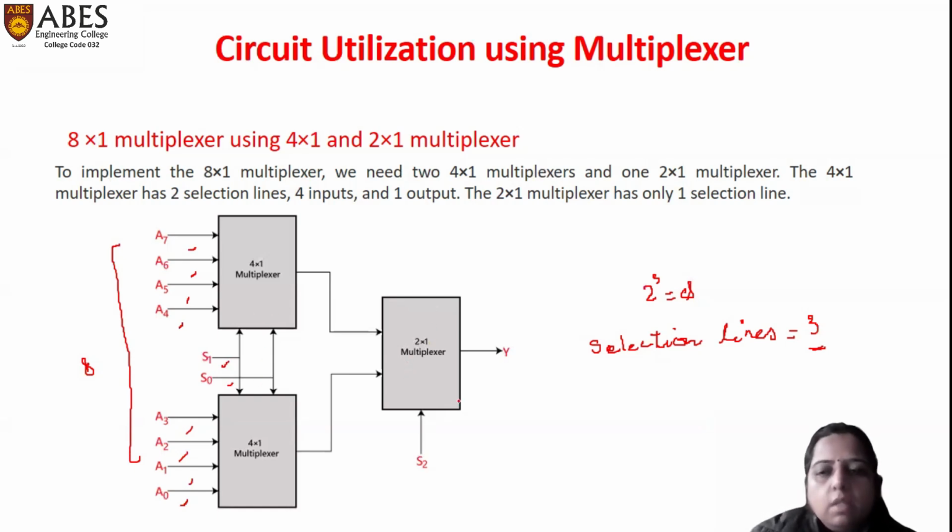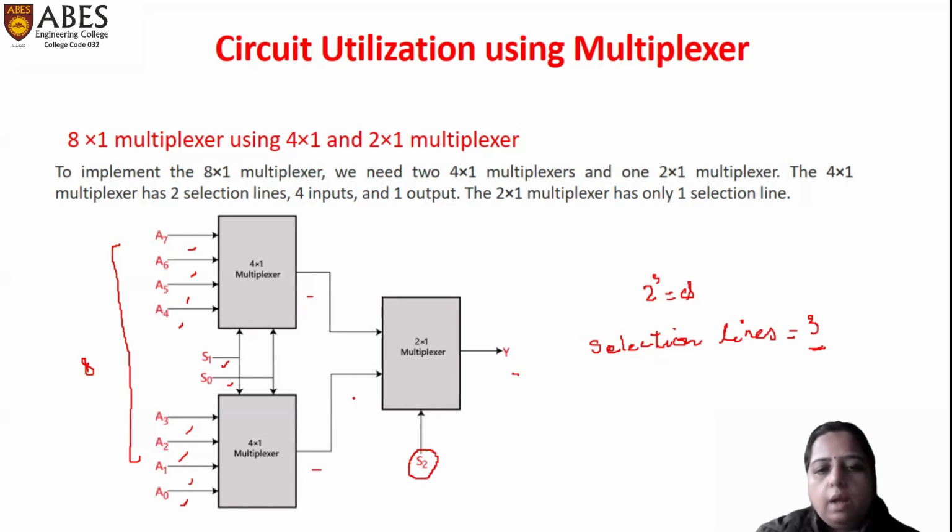Since in case of 8:1 multiplexer, we have 3 selection lines, one selection line is given to the 2:1 multiplexer. When we connect these two 4:1 multiplexers, we have 2 outputs, but in 8:1 multiplexer we require only 1 output.